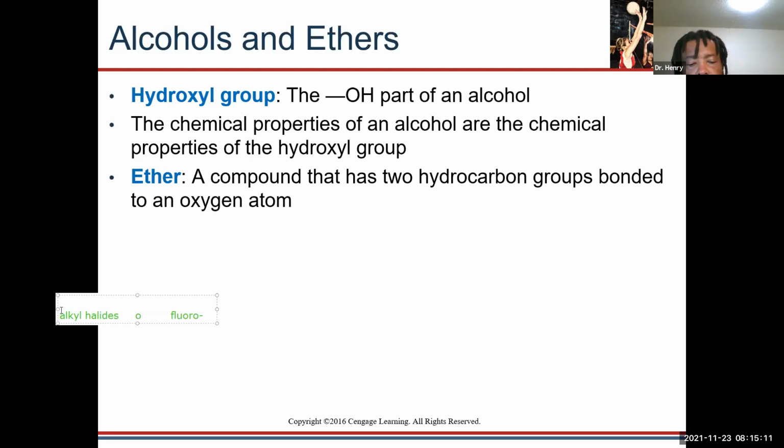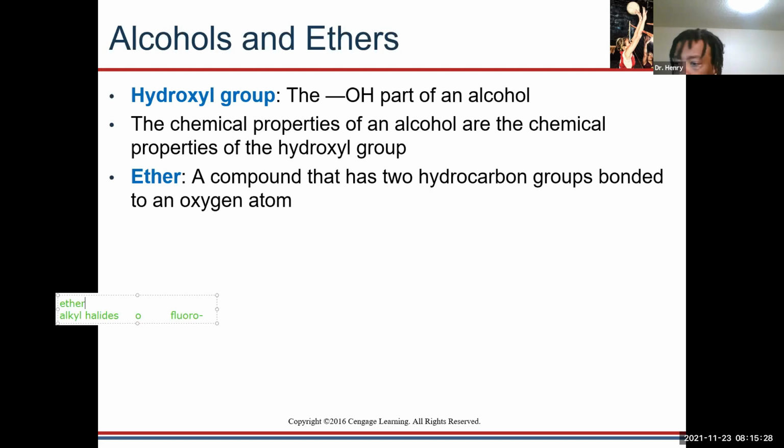The next one is going to be ethers. Now, ethers are kind of odd, and I talked about this last time. There are two ways of naming ethers: the common way, and there's also the IUPAC nomenclature, or the systematic way.